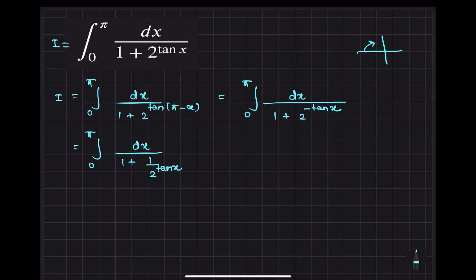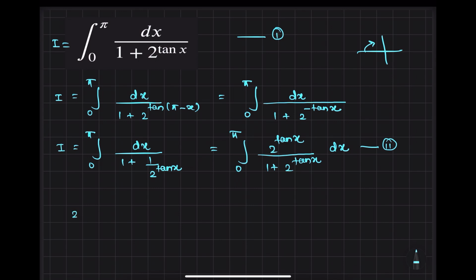So if you do the simplification part, you will be having 0 to pi 2 power 10x upon 1 plus 2 power 10x dx. So suppose this is equation 1 and this is equation 2. So I will add equation 1 and 2 because both are same, the limit is also same.